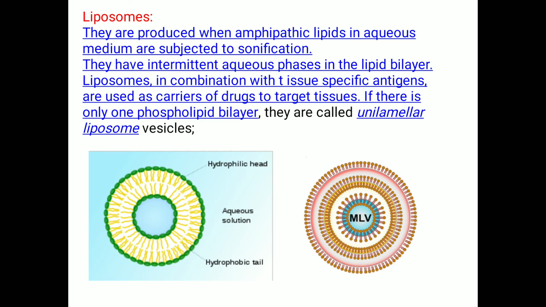If you see the structure in this slide, you will understand. The left one is the unilamellar and the right one is the multilamellar. So you see the difference. In unilamellar you have only a single bilayer, circular in shape, a lipid bilayer, and inside, the blue color is the liquid or aqueous environment present inside the liposome.